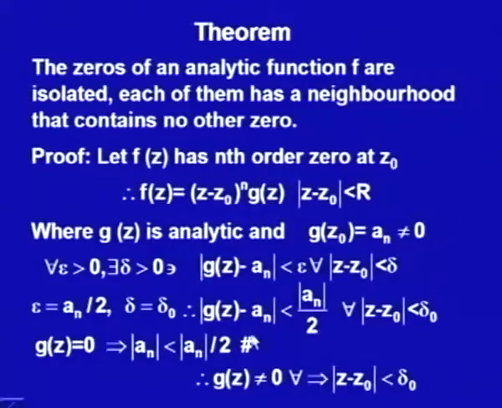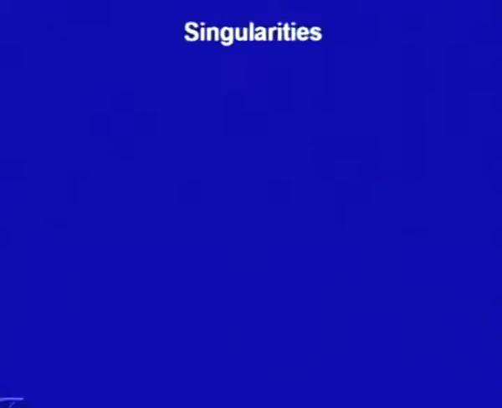But what we found here is that in this small delta naught neighborhood of z naught, g(z) can't be 0. Hence, f cannot take 0 value in any small delta naught neighborhood of z naught. That says z naught is an isolated zero.